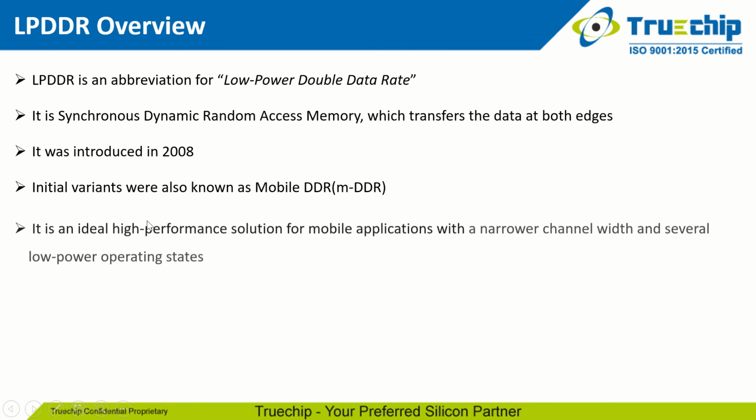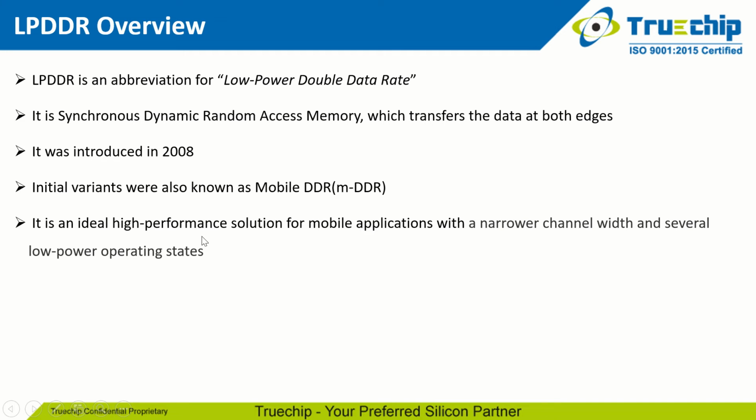These days, LPDDR RAM has come up with a great performance solution for mobile devices due to its narrower channel width and several low power operating states for data transfer. One of the key features of LPDDR is that it achieves a good balance between transfer rate as well as cost.